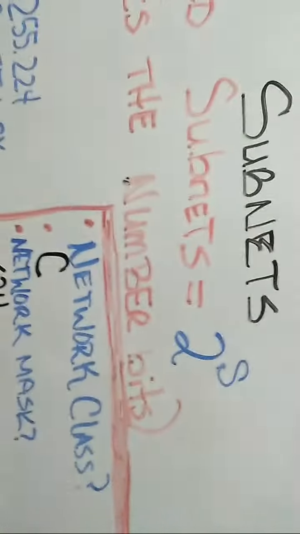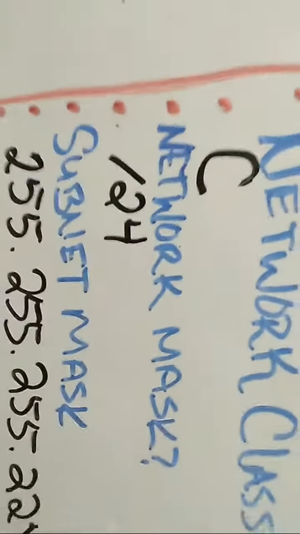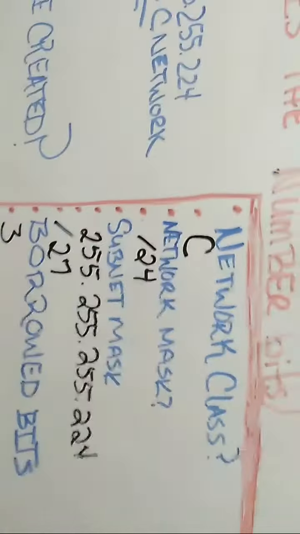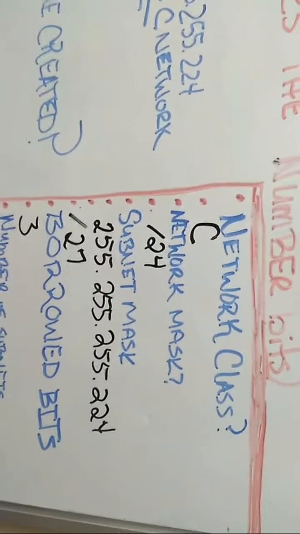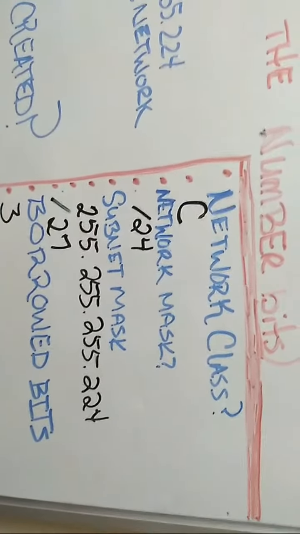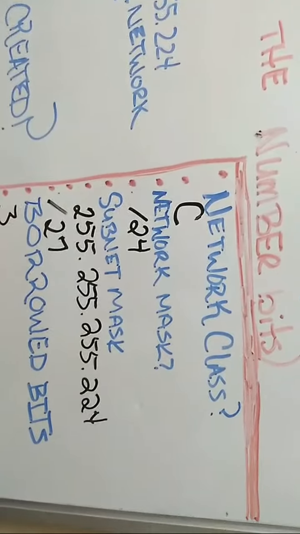But because it's a 192 in the first octet, I know it's a Class C network. And I know my default subnet mask is /24. So we only added 3 bits.